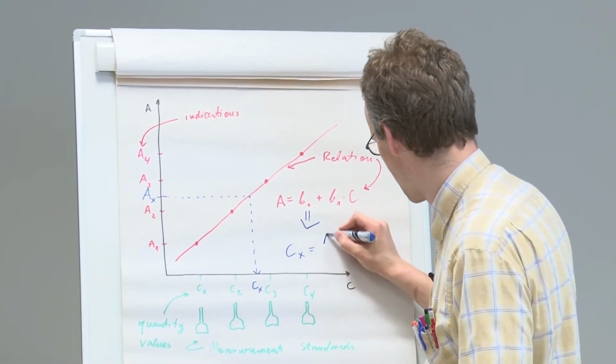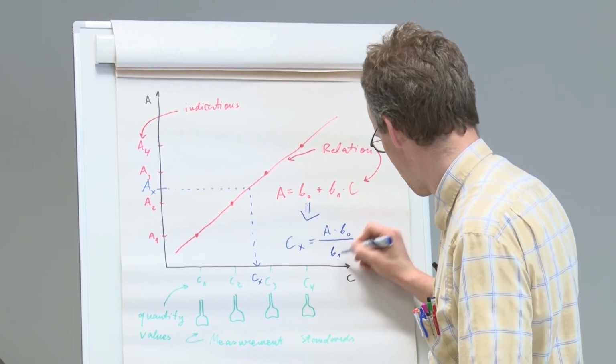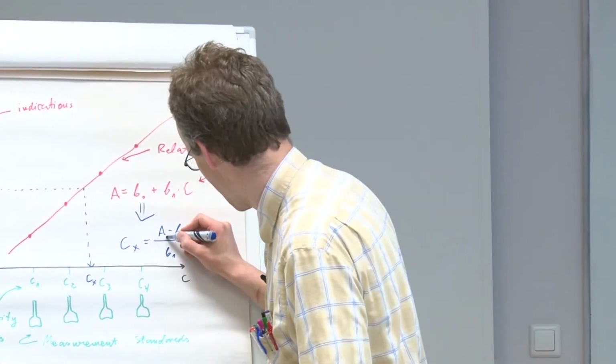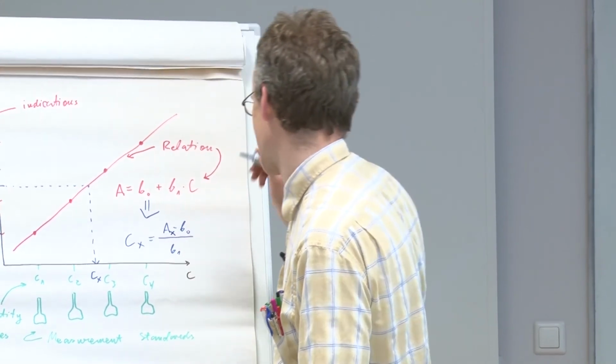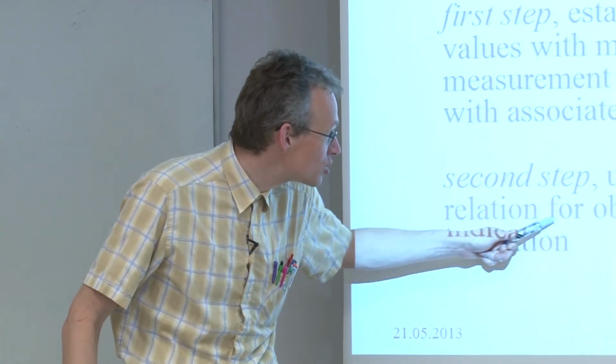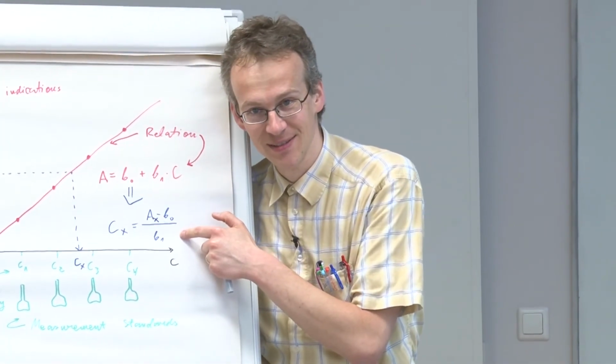Cx is equal to A minus B0 divided by B1. And instead of A, let us write AX. So this is now a relation for obtaining a measurement result from an indication.